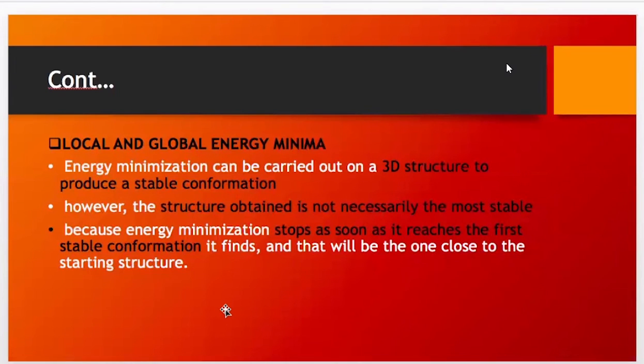Once you have drawn this 3D structure, let's say with the use of your Chem 3D software, you want it to be stable. You want it to have a stable conformation, not to be unstable. Because of that, you apply energy minimization. It's also an application of this software.